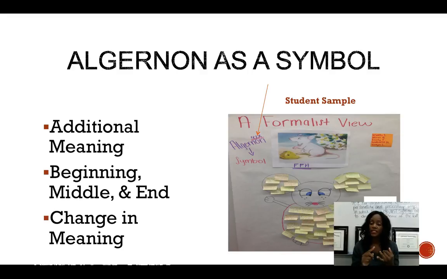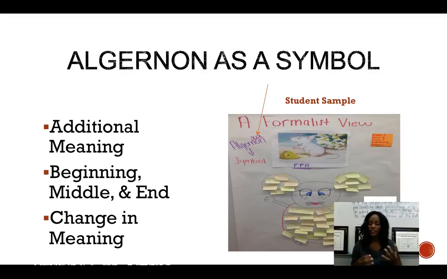If it's repeated over and over again, it's important, it's significant, so we need to pick up on that. And symbols also can change meaning. So it may have a couple of meanings in the text. You may say, oh wow, this Algernon really represents this, but as it changes throughout the text, it may be one purpose in the beginning and then it changes towards the end.